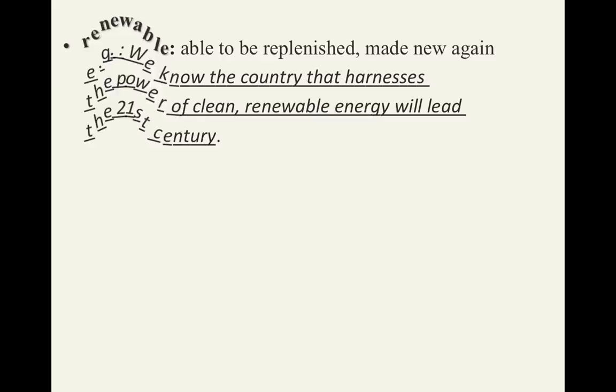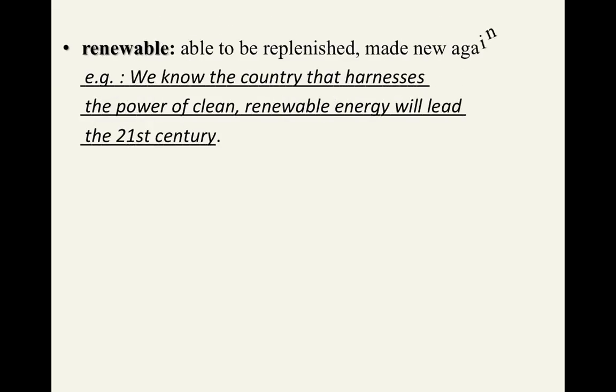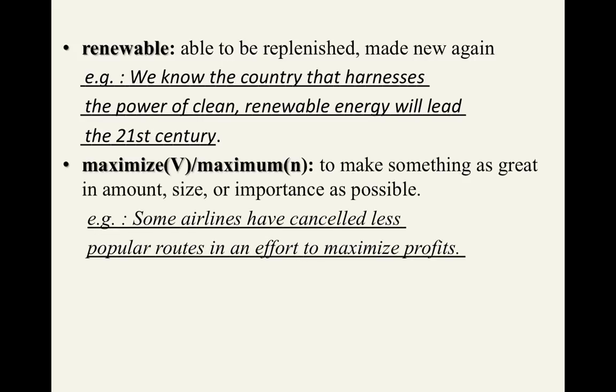And then some words, all right? Renewable is an adjective here, all right? And replenished means you can refill the substance, right? And then the next ones, maximize and maximum, the verb and the noun, all right? And then these two words are very common in English articles, right?